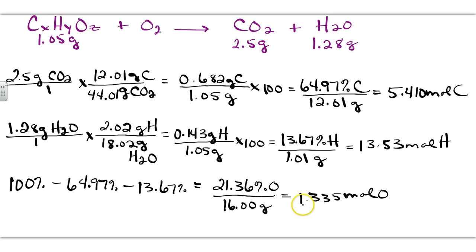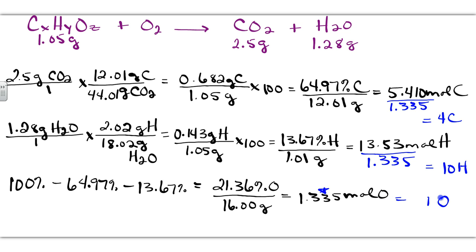Now we're going to do what's called divide by the smallest of these three. 1.335 is the smallest value, so we divide each of these by 1.335. When we do this, we get whole numbers: 4 carbons, 10 hydrogens, and of course 1.335 divided by itself equals 1 oxygen.